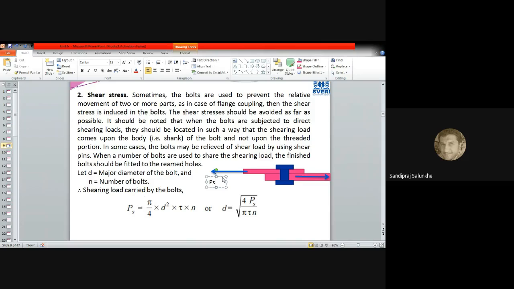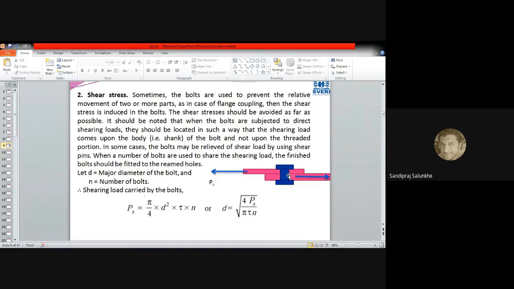We'll denote it by P_s, suppose, yes. This P_s force which is applied on the plate, that P_s force divided by area of this bolt.